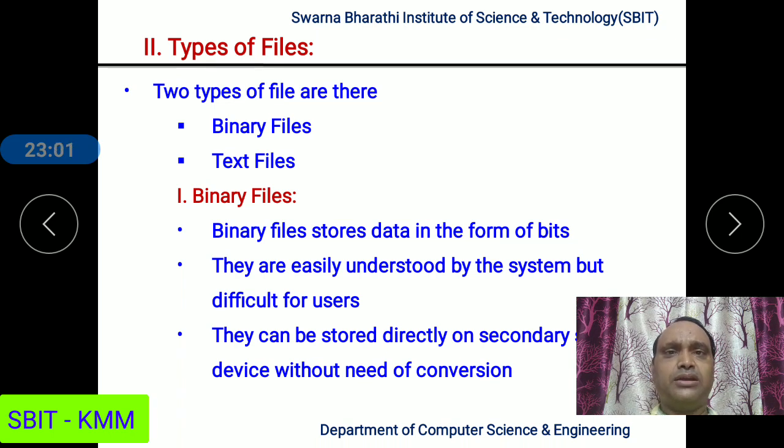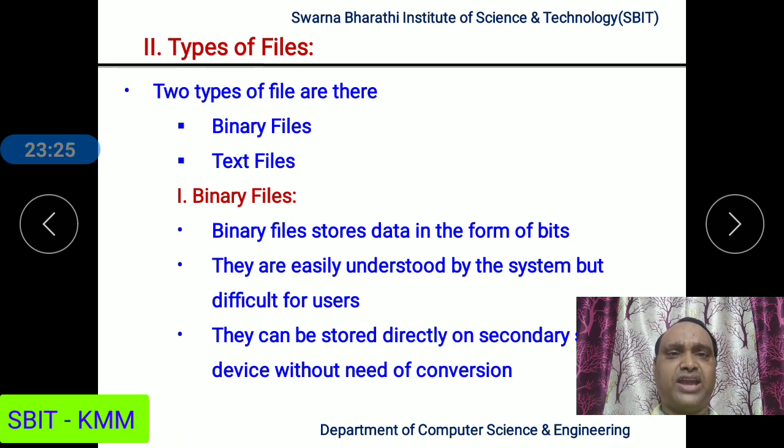So whatever file is generated by the compiler in machine language, that file is called a binary file, and it is called an executable file, or a runnable file. So all these executable files are best examples for binary files.